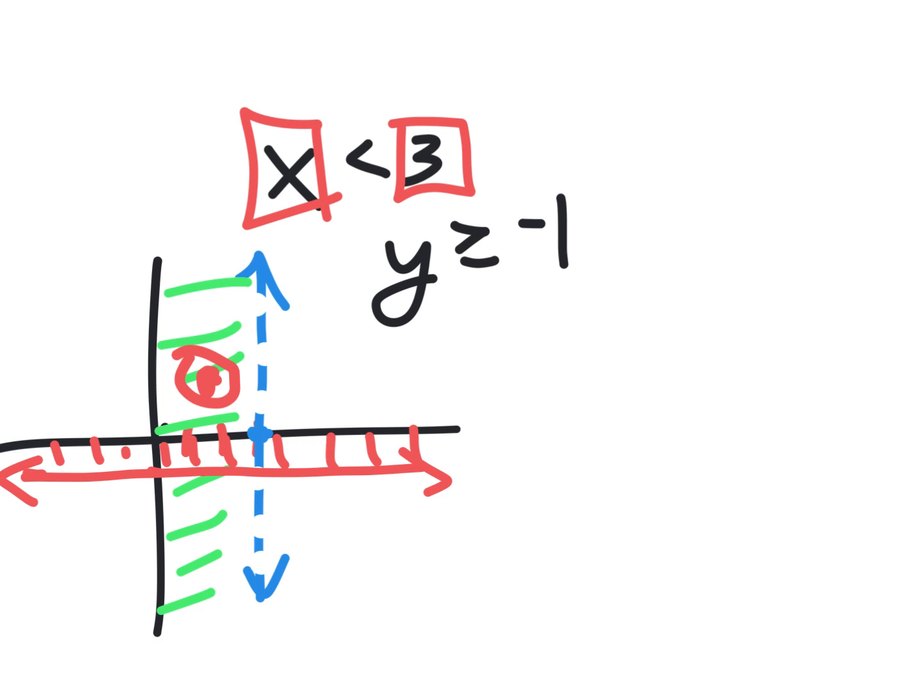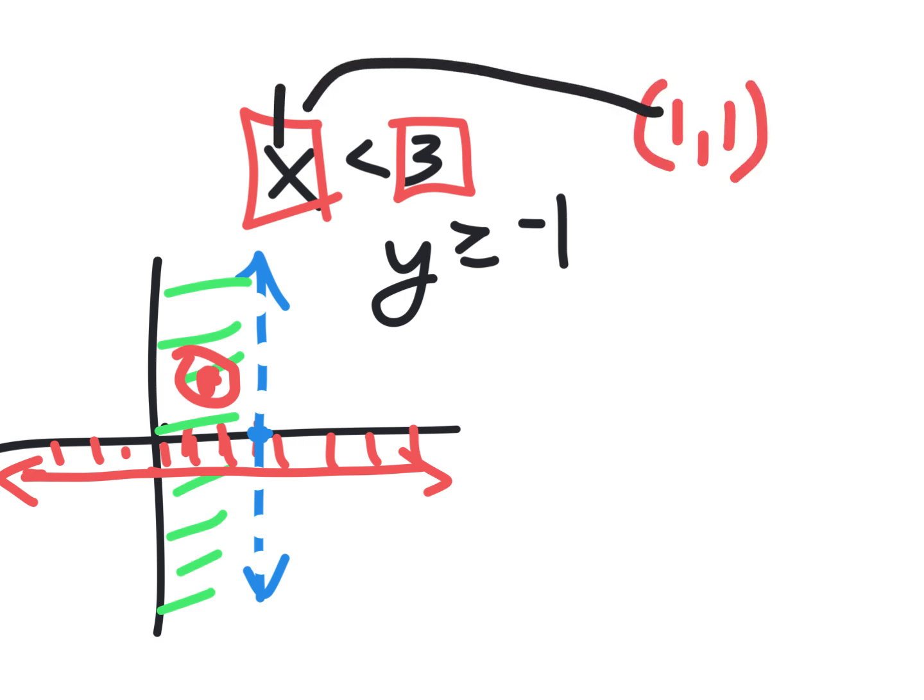It's one of many solutions, but if you're just like, well, it is a solution, that isn't going to be good enough. You have to prove that it's a solution. So you stick in the 1 here, and you stick in the 1 for the y right there.